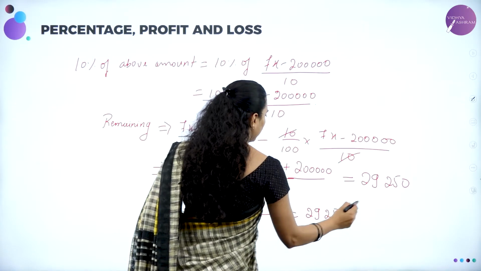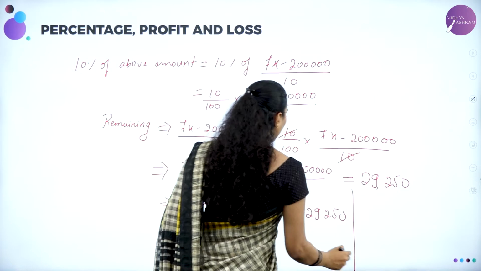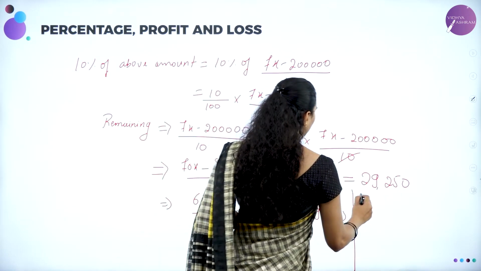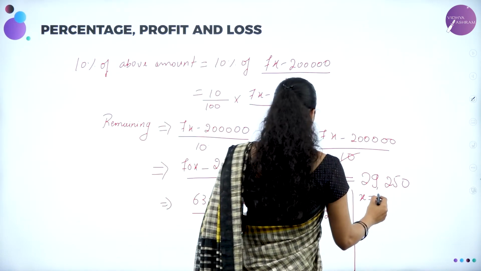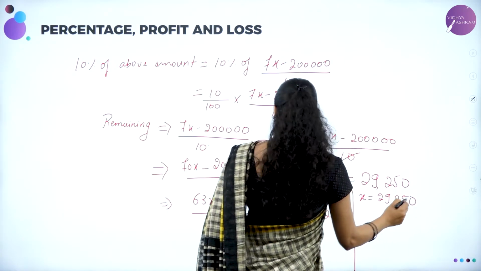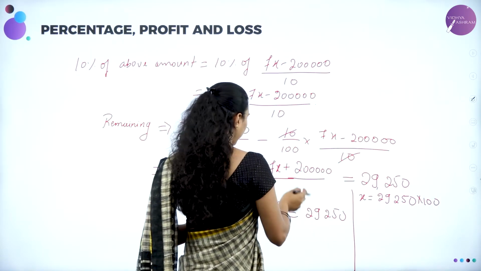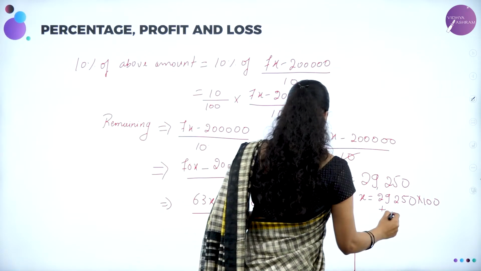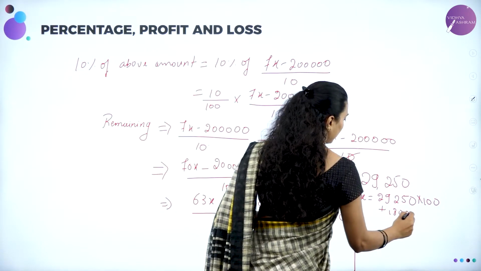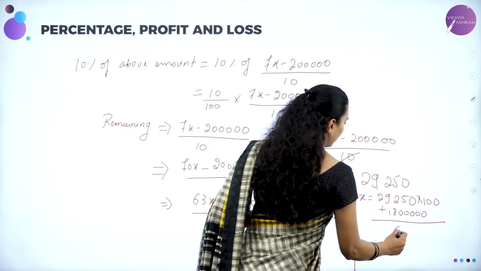So cross multiplying, you are going to get the x value equal to 29,250 into 100, plus, if you add, 18 lakh, divided by 63.